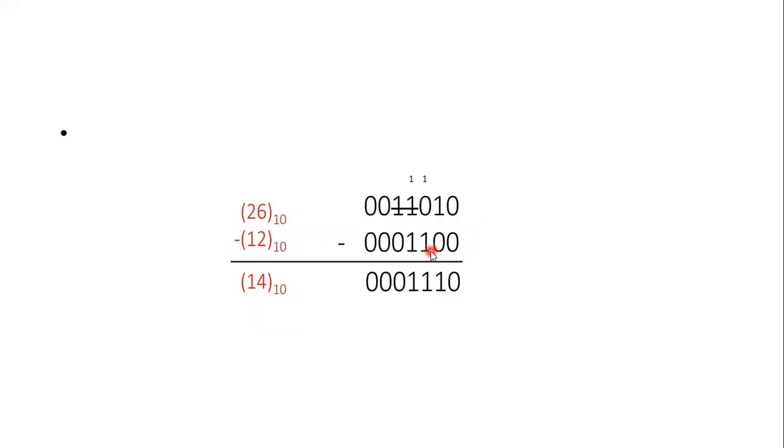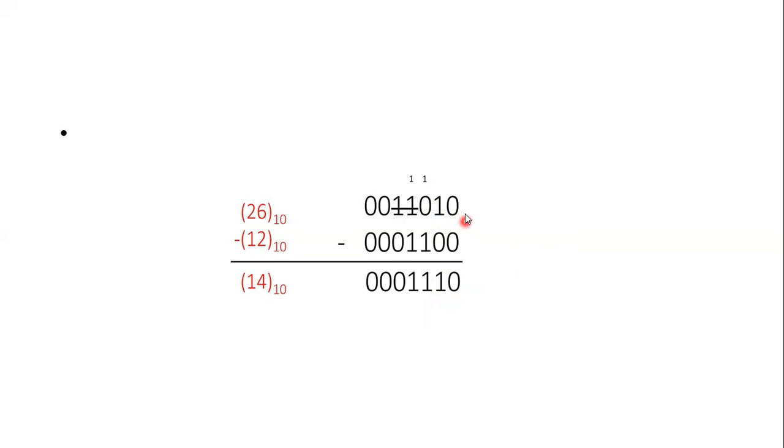Here 0 minus 1, so 1 with a borrow. We borrow from this digit, therefore this becomes 0. Then 0 minus 1, again 1, which means borrow from this digit. Now this digit becomes 0. So 0 minus 0 is 0. So the answer is 1110.